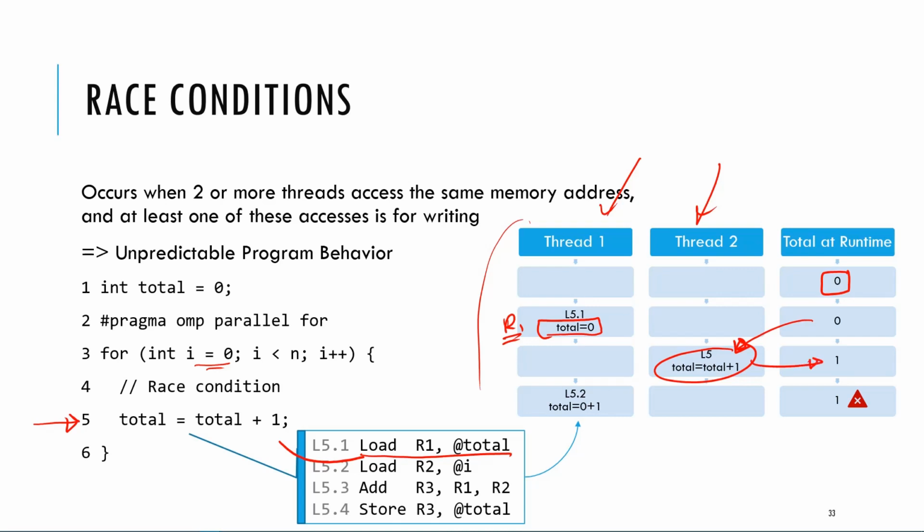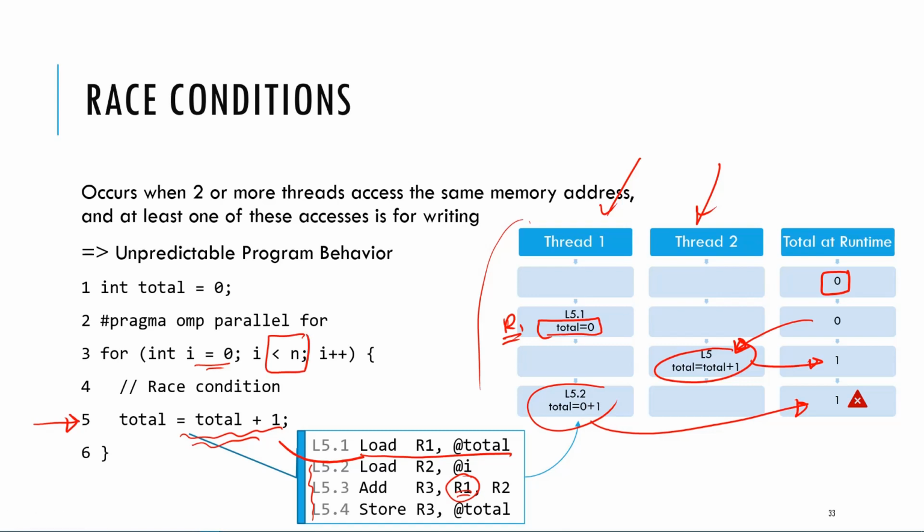Don't forget that when thread number one resumes execution, starting from line 5.2 up to the end, it would work with the copy it already loaded in R1, which is zero, and finally it would store the same value one into total. It would have missed one of the increments that we should have added to the final total, and we will end up with a total that's strictly less than n. It's not equal to n.